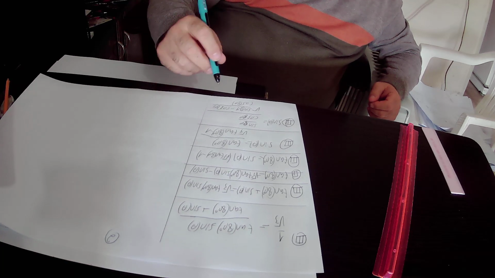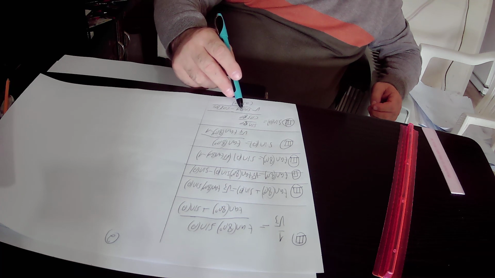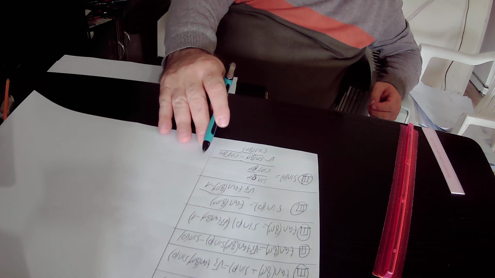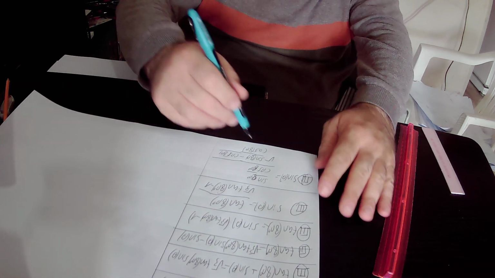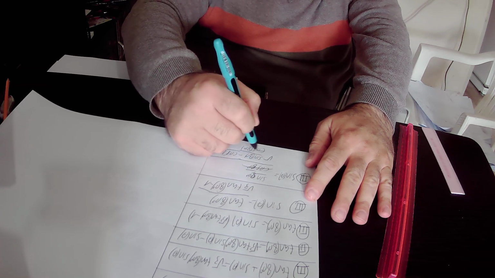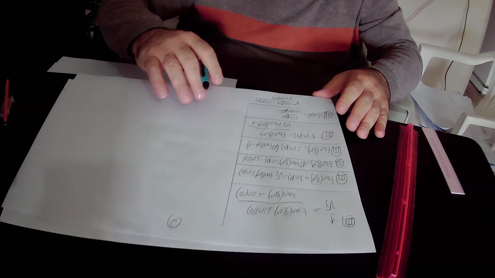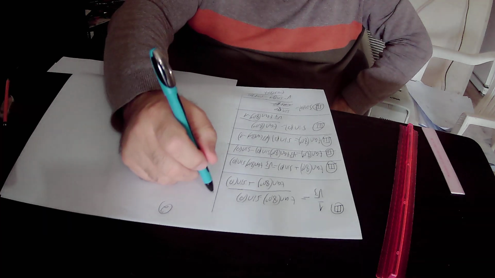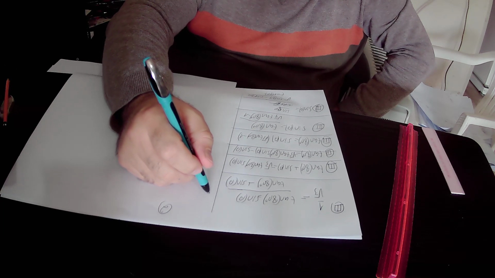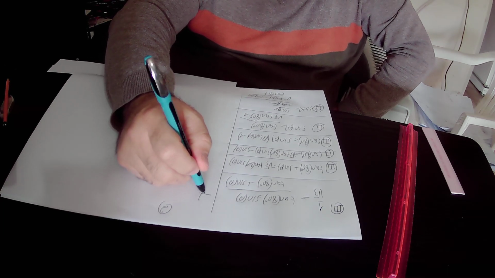Here we have cosine 80 degrees in the numerator and cosine 80 degrees in the denominator, so cosine 80 degrees will get cancelled.